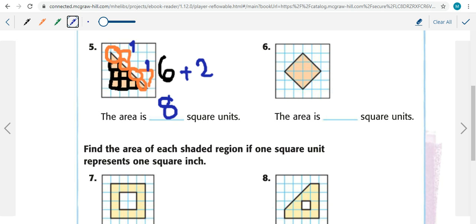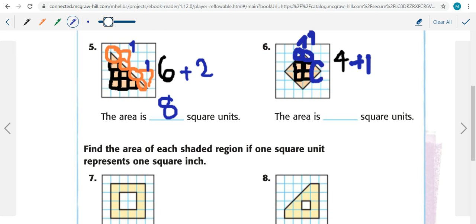Now, next figure, number 6. First, we need to count the whole squares. The first step, contamos los cuadritos que están enteros. 1, 2, 3, and 4. We have 4 wholes. Now, let's see how many halves we have. I have 1 and 2. This makes 1, so plus 1.